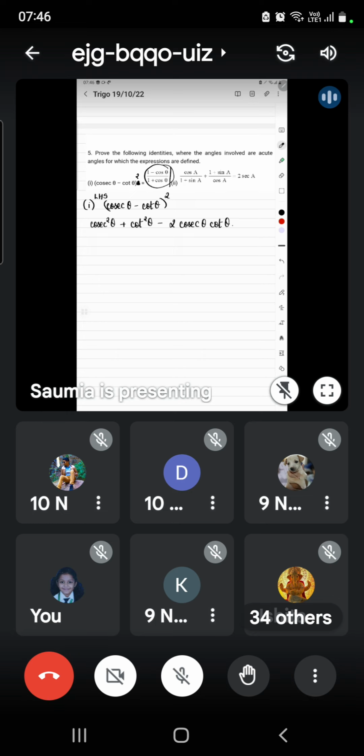Okay. So now you know how I opened the bracket using A plus B, the whole square. Now I can use identities here. Yes, I can write cosec square theta as 1 plus cot square theta. This one. And the remaining thing as the same.